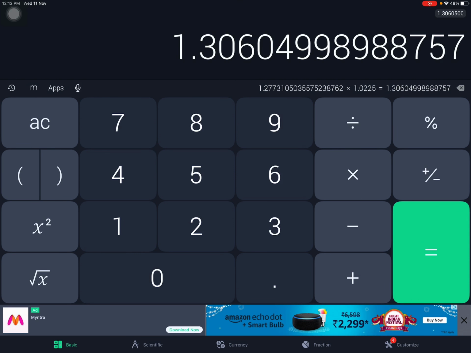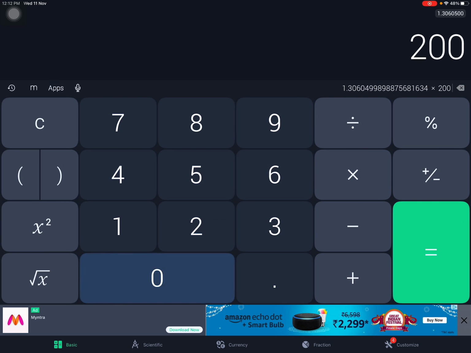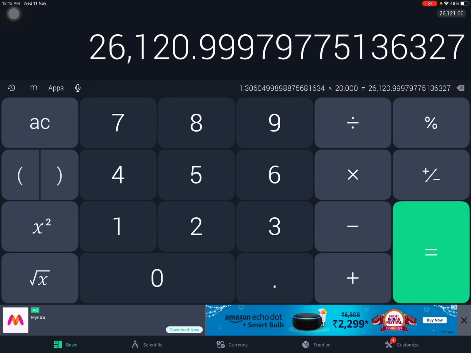So 1.3060. Yeah. Multiply by 20,000 and you will get the amount.